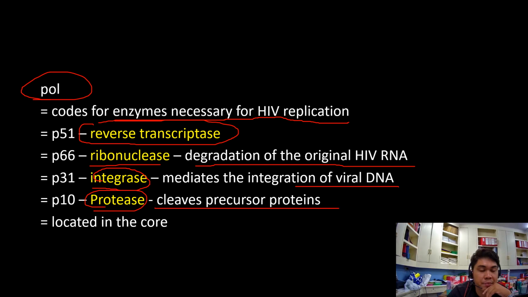It cleaves precursor proteins. This is important in the formation of a new virion. After the activity of protease, you'll form another virus or virion. It's located in the core.